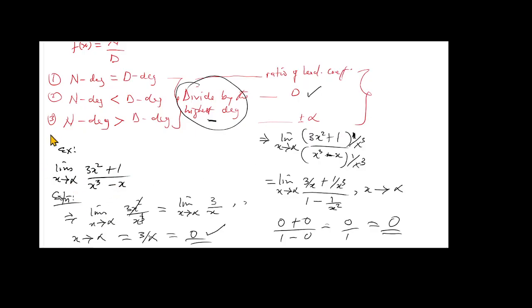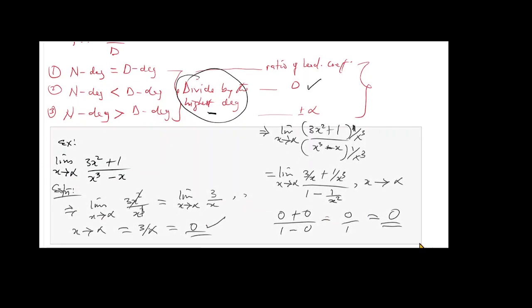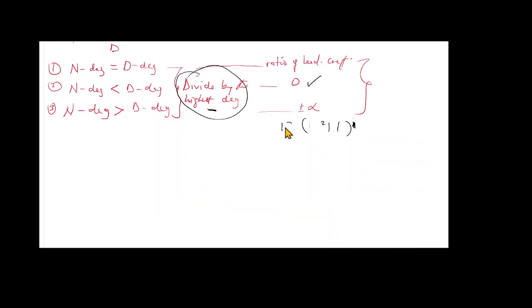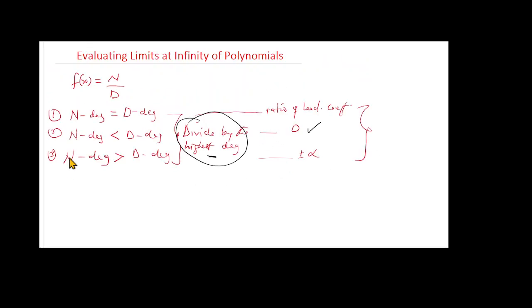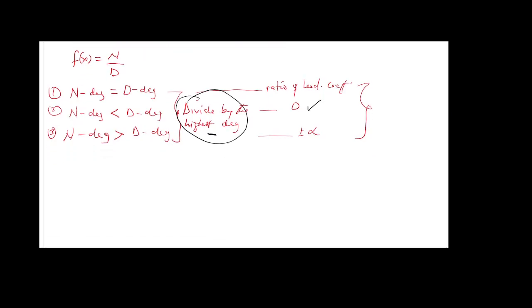So where it is top heavy, remember the summary of the output will be plus or minus infinity. Where the degree of the numerator is higher, we are always going to have plus or minus infinity. So let's take this example.